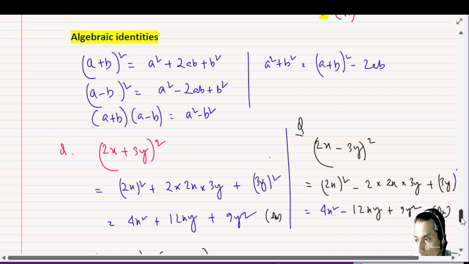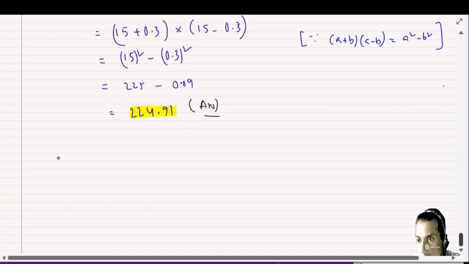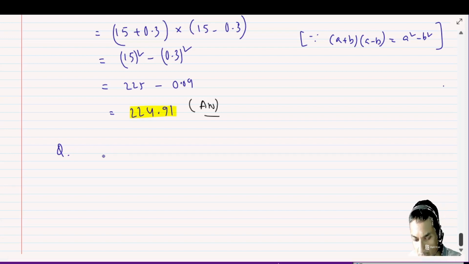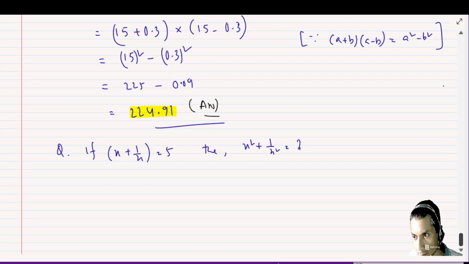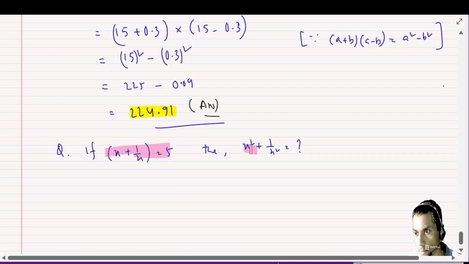So let's solve this question. What is the question? If x plus 1 by x is equal to 5, then find the value of x square plus 1 by x square. What will be the value? Clear? This is the question. How can you answer this question?